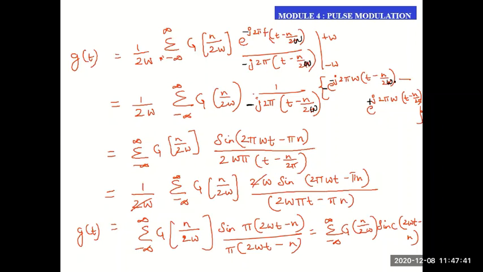This becomes minus and this term becomes positive. Is that clear? There was a minus here. That minus, I have taken it inside these brackets. After substituting for f as plus w and minus w, I have taken this minus sign inside. So this first term which was positive becomes negative and the second term which was negative becomes positive.